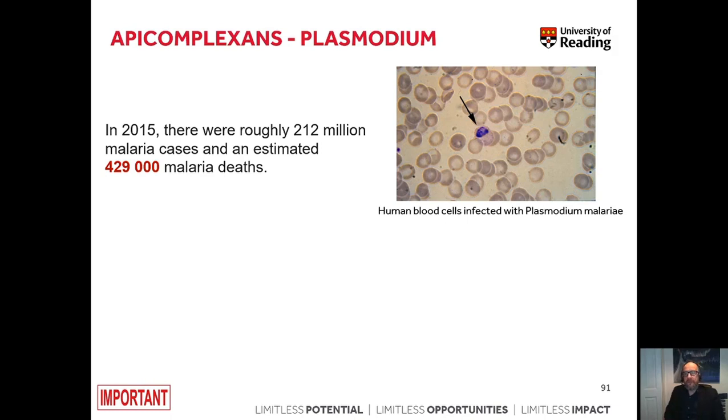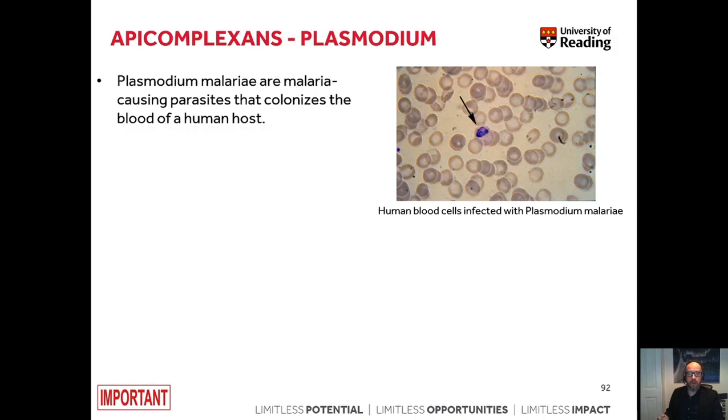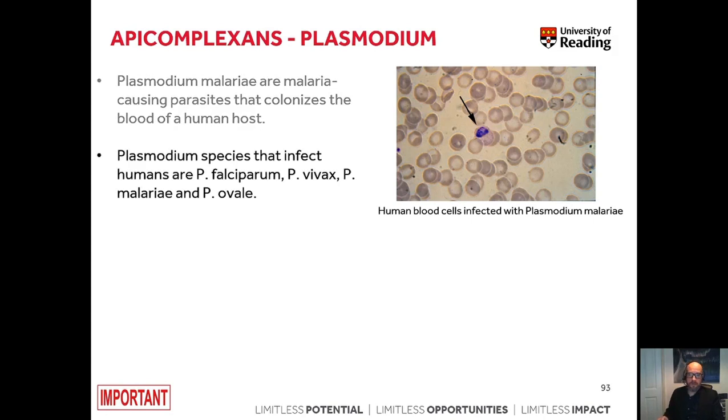In 2015 alone, there were roughly 212 million malaria cases and an estimated 430,000 malaria deaths. So malaria is quite an important health problem around the globe. Plasmodium malariae are malaria-causing parasites that colonize the blood of a human host.